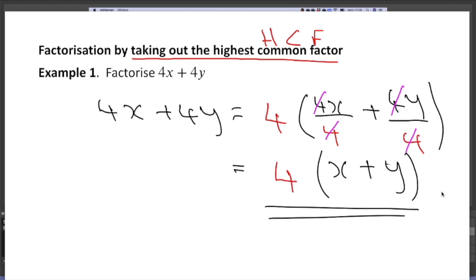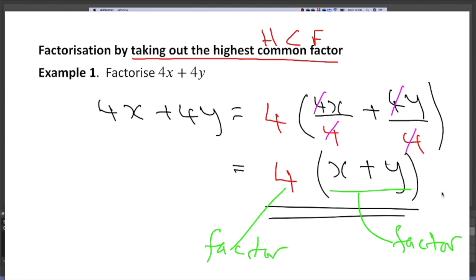So you see your 2 factors, this is a factor, so 4 is a factor there, and x plus y is your other factor. So these 2 factors are multiplied by each other, and we call this thing factorization. So to factorize is to write an expression as a product of its factors, and we use brackets.